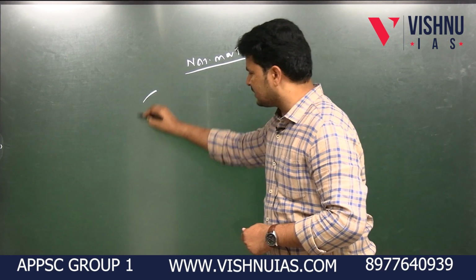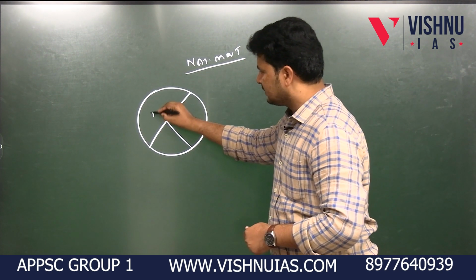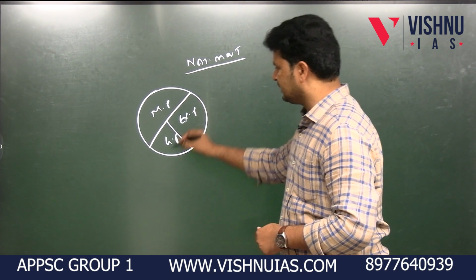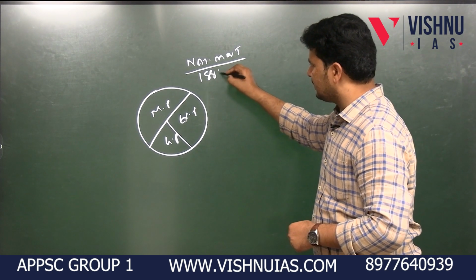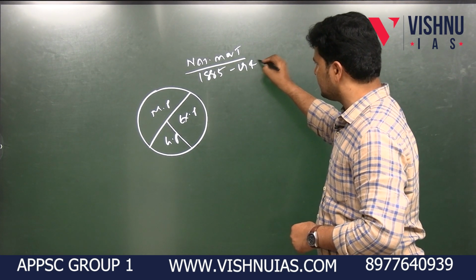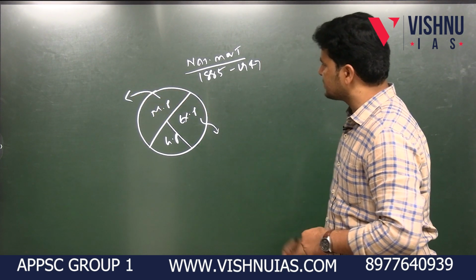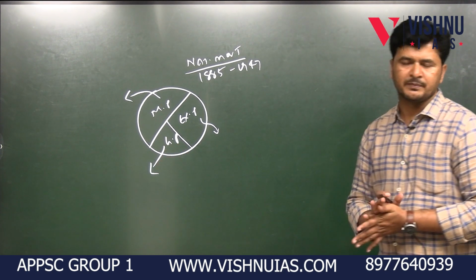As far as the national movement is concerned, we have three phases, that is the moderate phase, extremist phase and Gandhian phase. The span of the national movement is 1885 to 1947: moderate phase 1885 to 1905, extremist phase 1905 to 1920 and Gandhian phase 1920 to 1947.